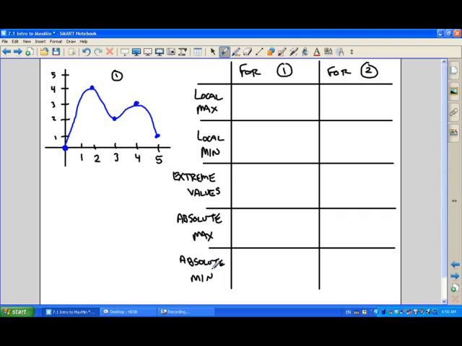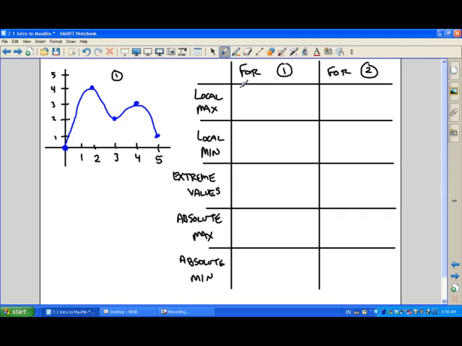So just from what you know from advanced functions, you should be able to identify any local maximums. So these are the points where the curve looks like the top of a hill, and I can see 2 local maximums.